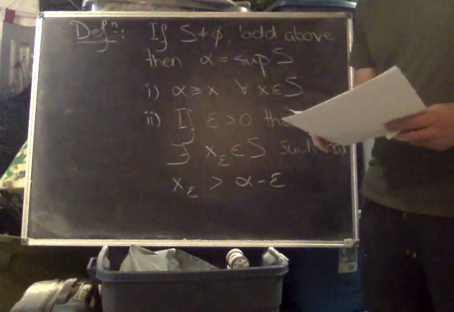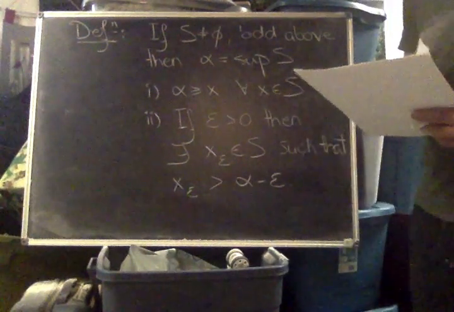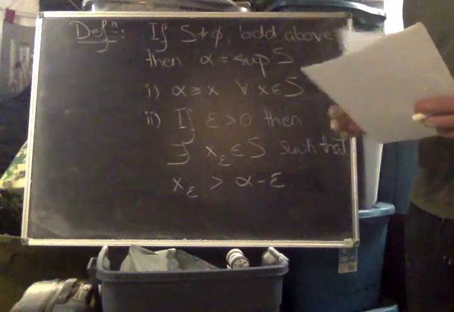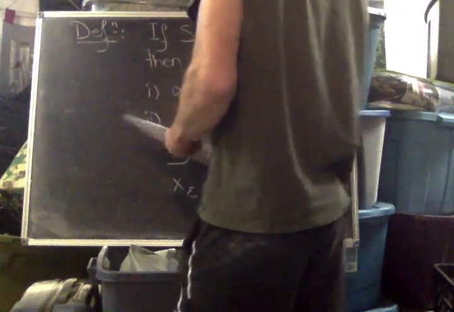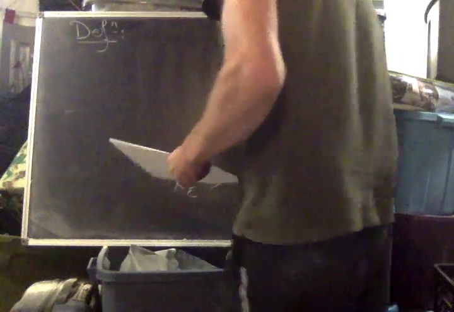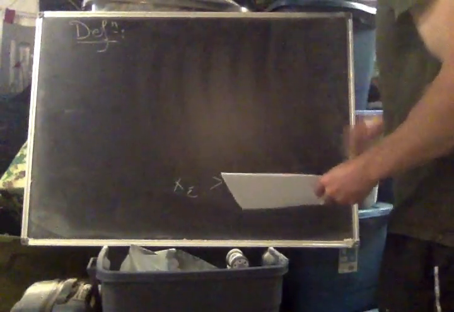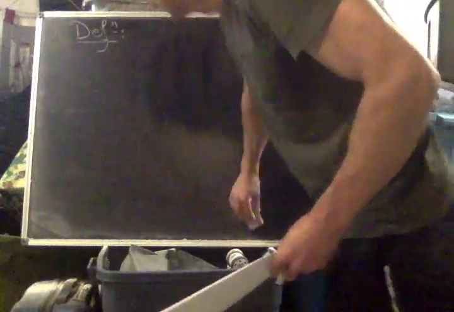So that's the second definition. All right. So that's the definition of the sup and of the inf, 2 different ways each. And that brings us to the completeness property.